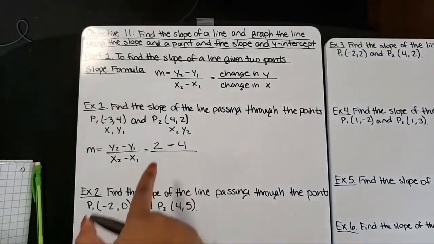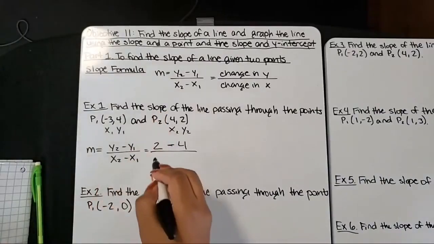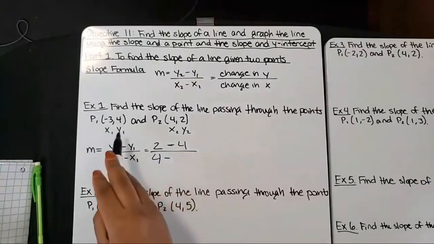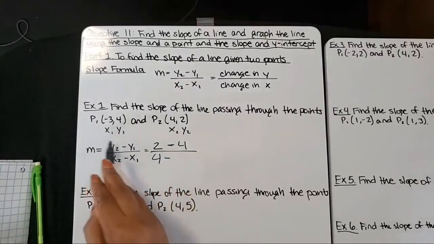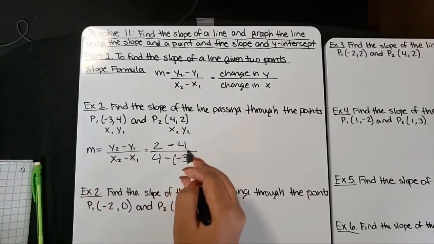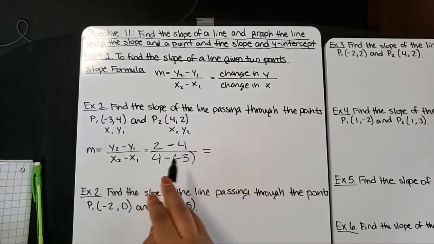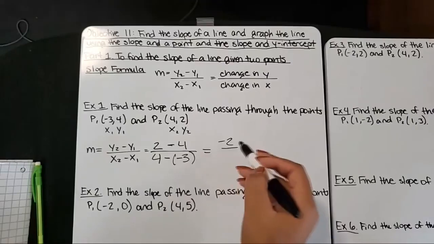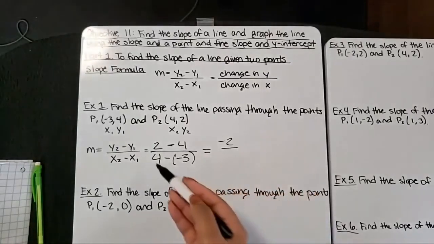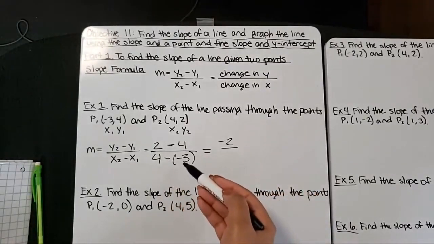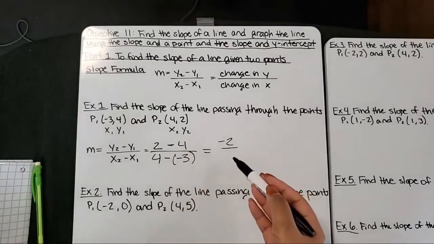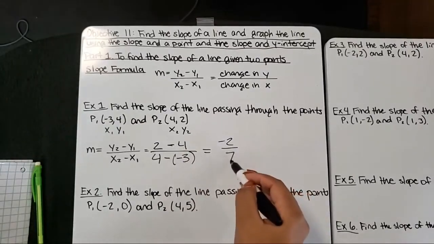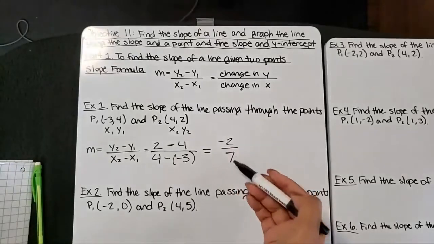Then we do our x2, which is 4, minus our x1, which is -3. From here we have 2 minus 4, which is -2, and 4 minus -3, which is +7. So we get -2 over 7.